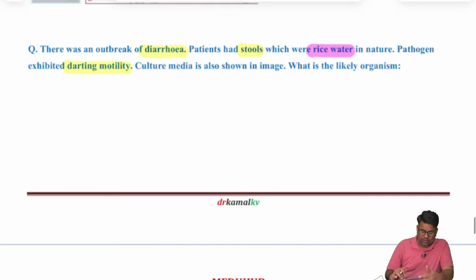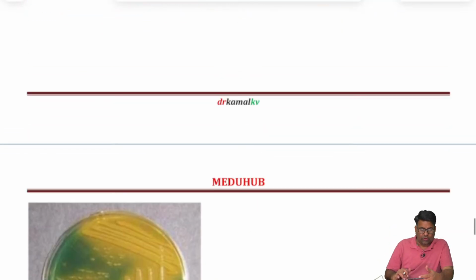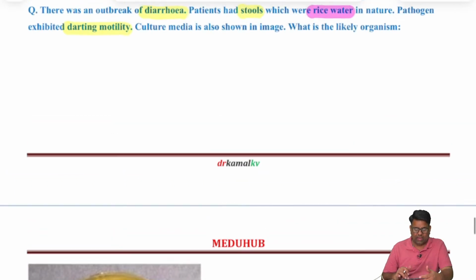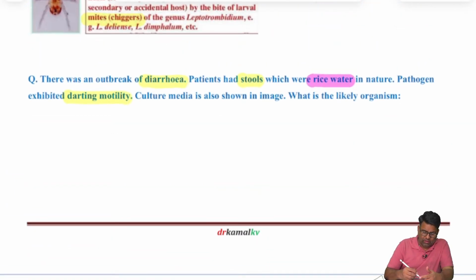And then the growth of the bacterium on the culture media is shown. Now, which organism can this be? If you gather a few points here, there is diarrhea, rice water stool, darting motility. All these are sufficient to give an impression that this is a case of cholera.